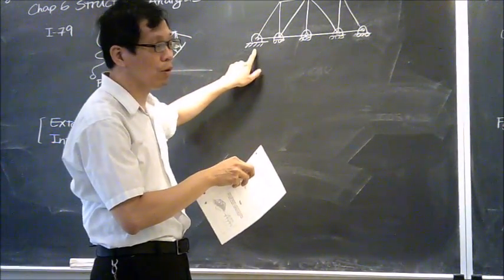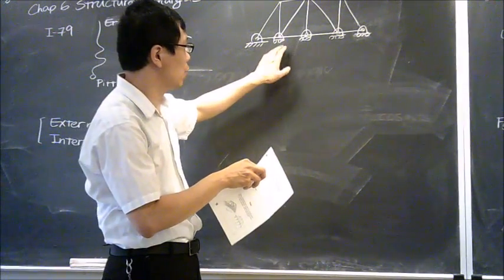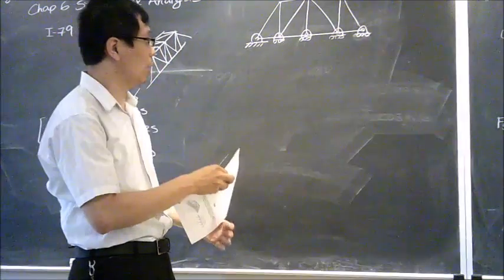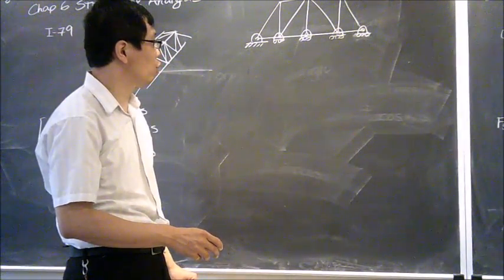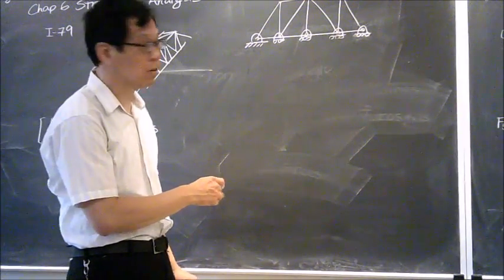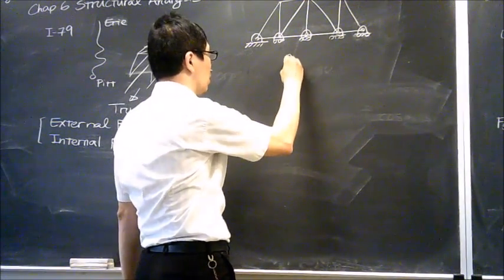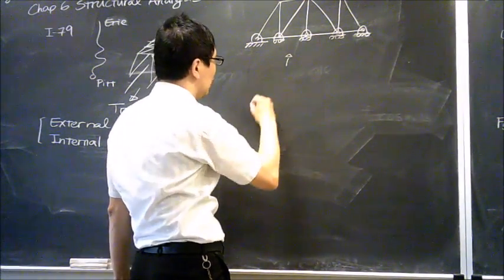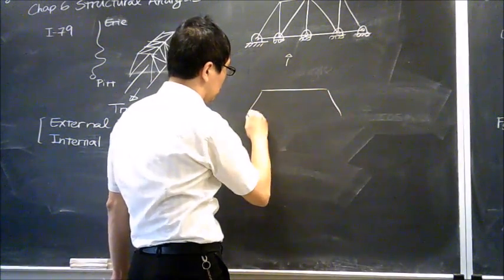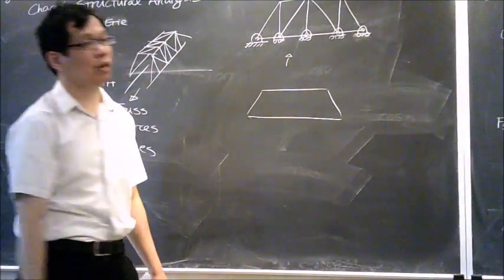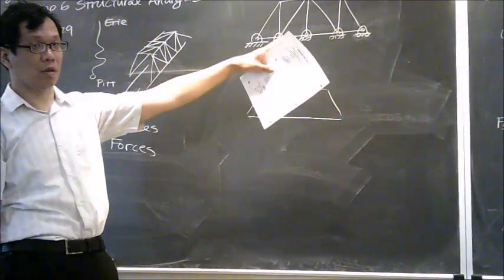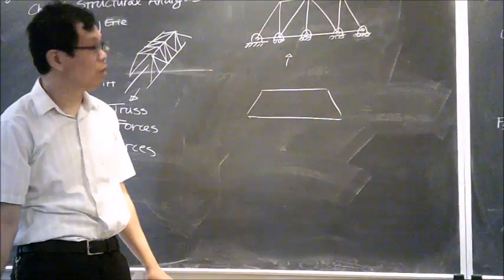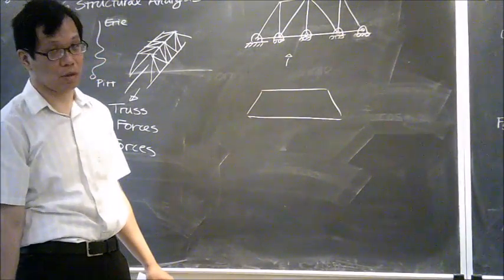So normally we will fix one end and have normal contact at the other end. When we try to analyze something like this, we treat the whole system as a whole. So in that case, what do we have? We don't need to worry about the internal structure at all. We only need to worry about the joints over here.